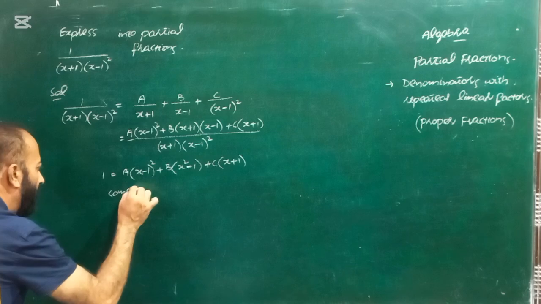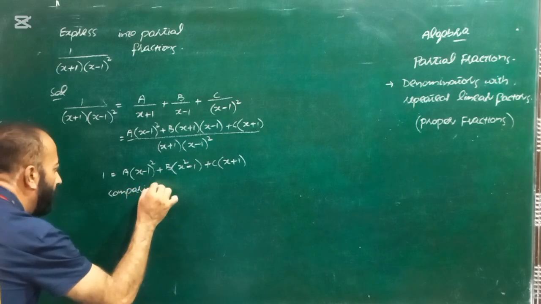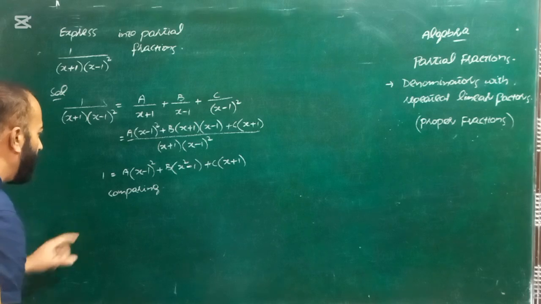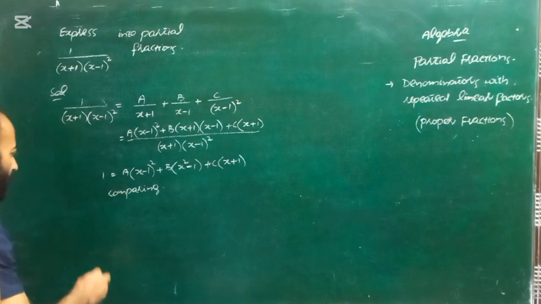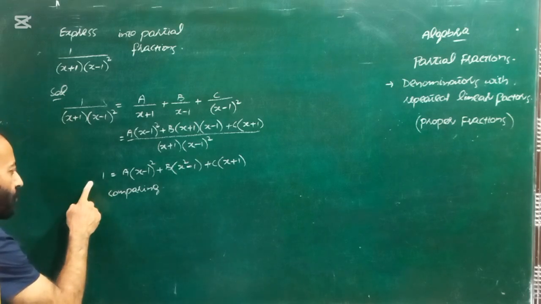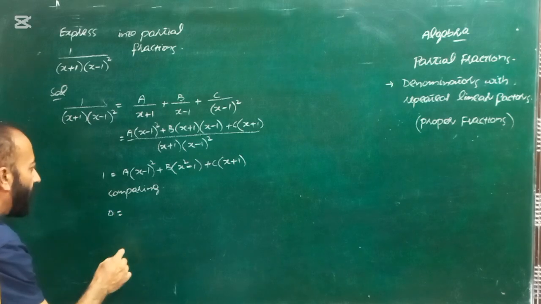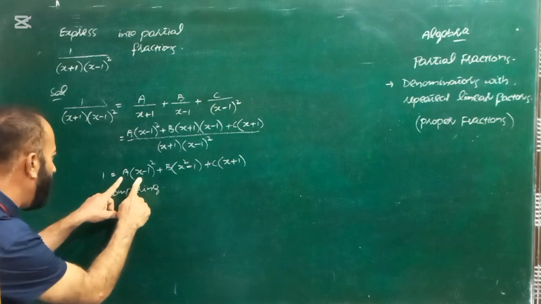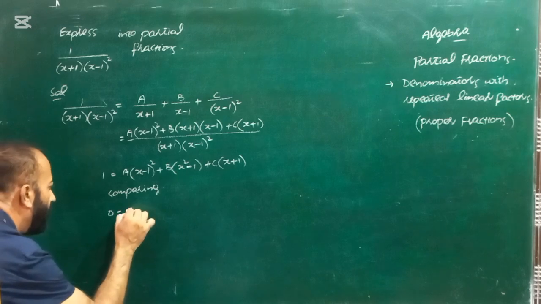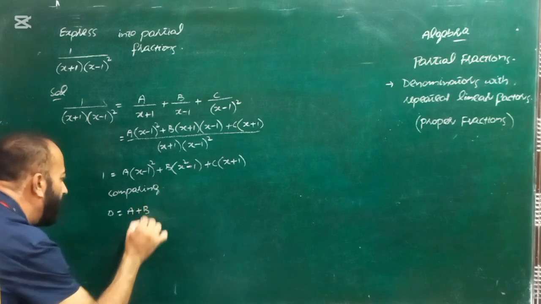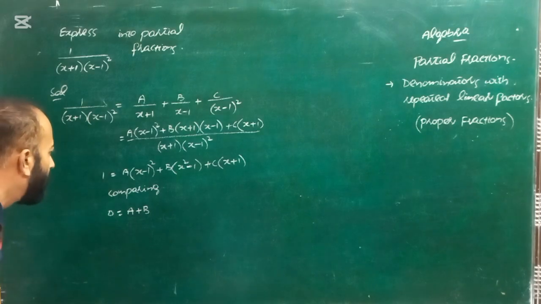So look now, comparing. The first thing that we are comparing on both sides is the coefficient of x square. So the coefficient of x square on the left hand side is 0, and on the right hand side, a from here plus b. So this is the coefficient of x square.